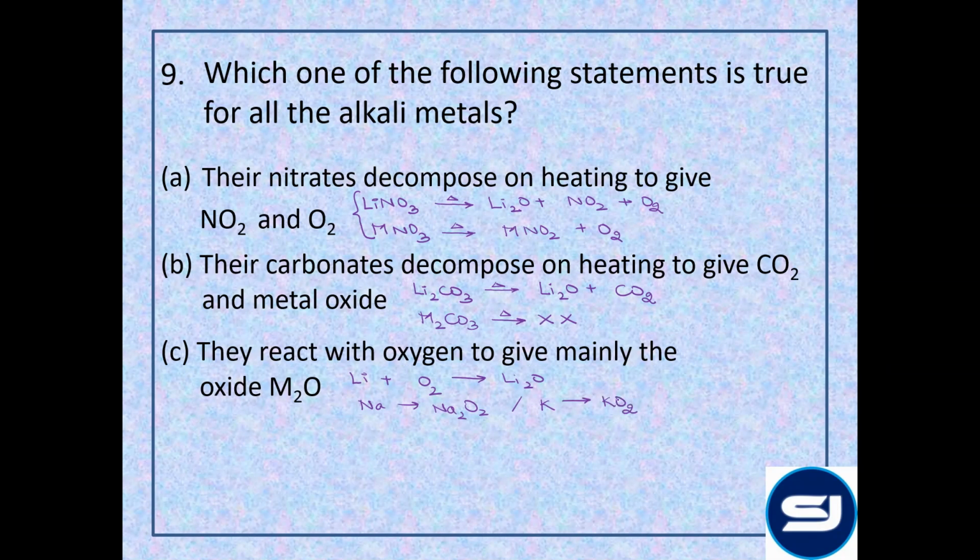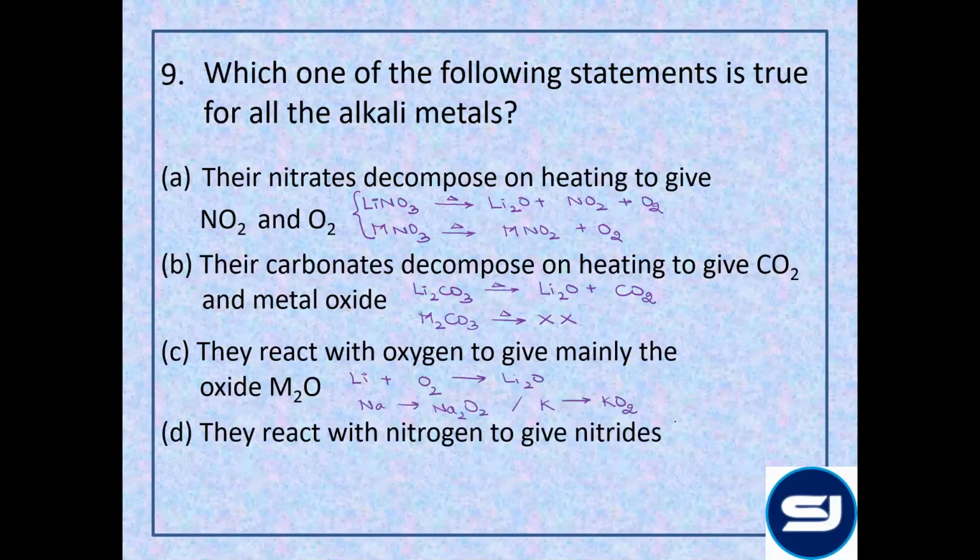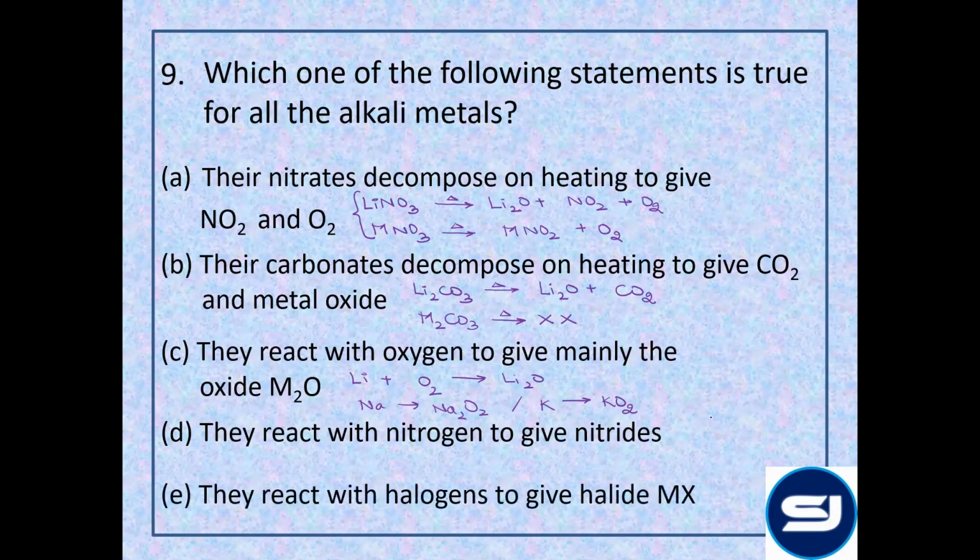So mainly giving the oxide is incorrect if we talk generally about all alkali metals. They react with nitrogen to give nitrites. Can this be correct? I've kept 5 options here. No, this is also incorrect, because among alkali metals only lithium reacts with nitrogen directly to form lithium nitride, Li3N.